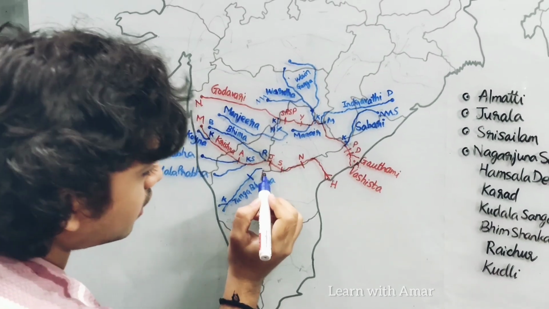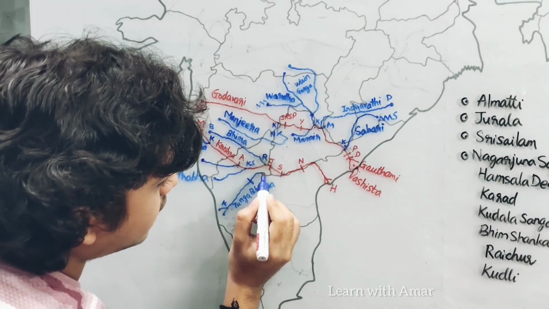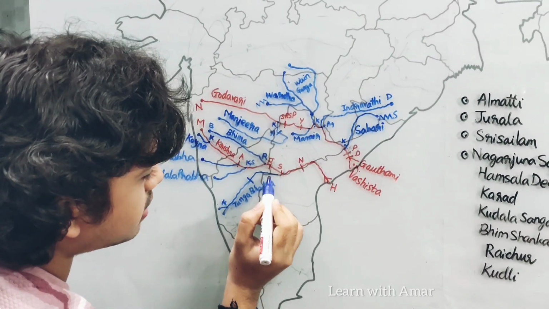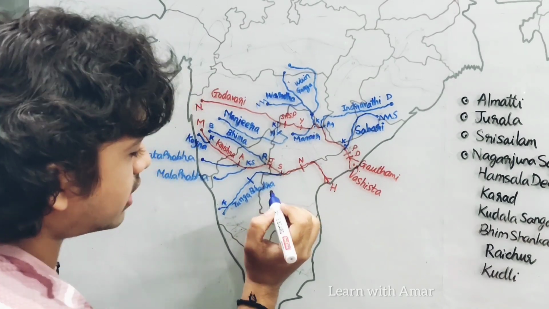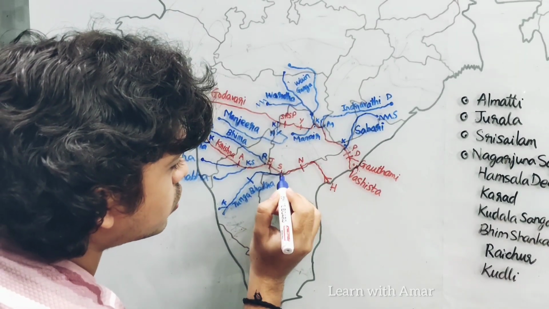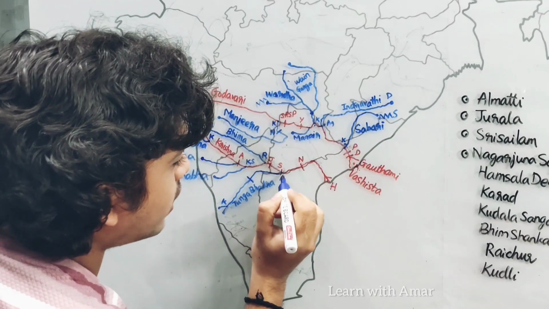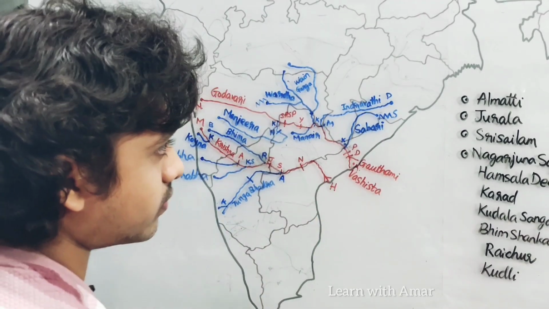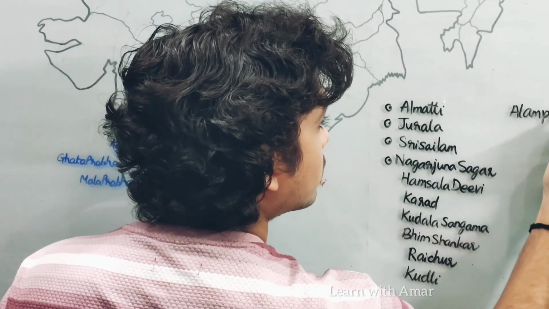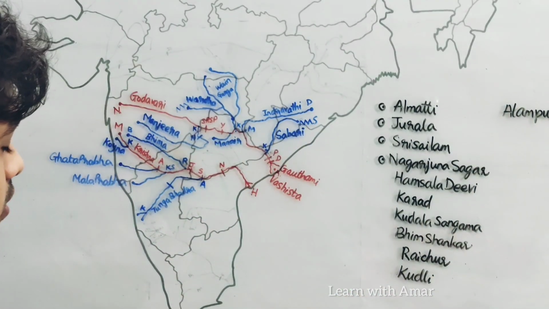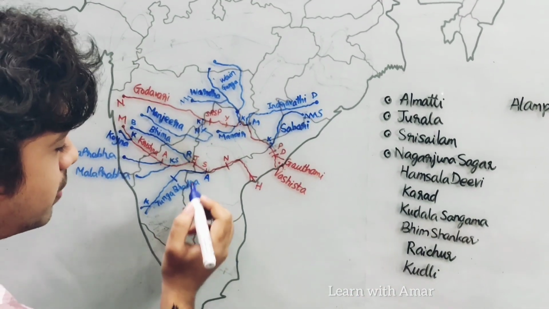Then it enters Telangana, acts as a border between Telangana and Andhra Pradesh, and finally joins the Krishna. So Tungabhadra joins at Alampur. Right. So this is Tungabhadra.